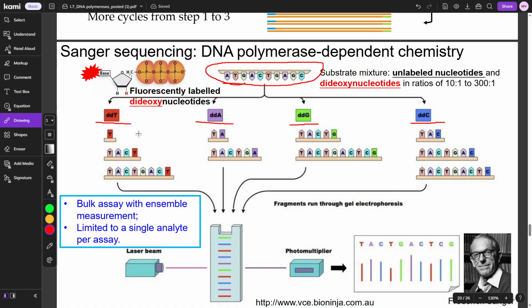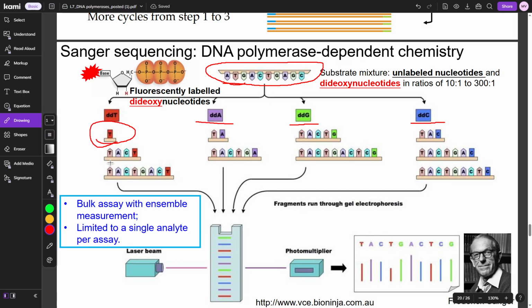And that binding of the DDNTPs is going to lead to some sort of fluorescence when you track it on a gel. So for example, let's say we're looking at the DDTs, right? Maybe the first nucleotide is going to be complementary to this A, so you'd bind the T. And if a dideoxy binds in that T position, done. This is now done. You're not going to extend it anymore.